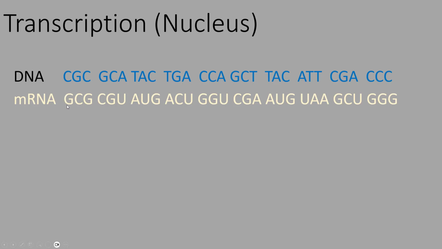And it's going to see GCG. It's going to read that first codon, and it's not going to do anything at all. It's going to just move on, and it's going to read CGU, and it's not going to do anything at all. It's going to keep reading codon after codon, and it's not going to do anything at all until we get to the magic codon that says AUG.